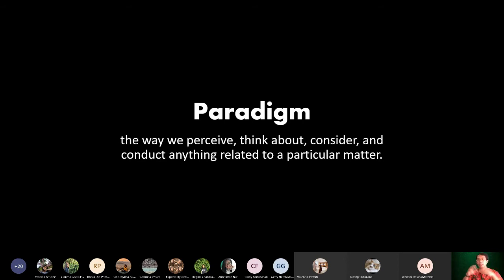So paradigm is basically the general set of ideas to understand the world, to consider the world, or to do anything in the world. If you use the paradigm of religion in doing, for example, science, then it will not work. For example, the paradigm of religion is that at the end of the day, there is one divine being that decides everything.